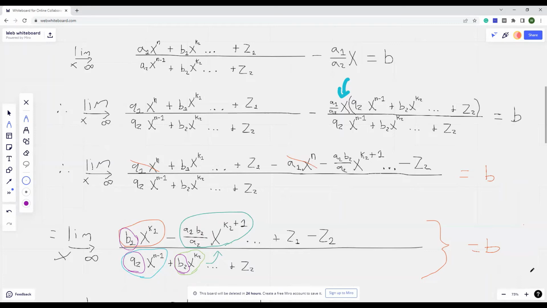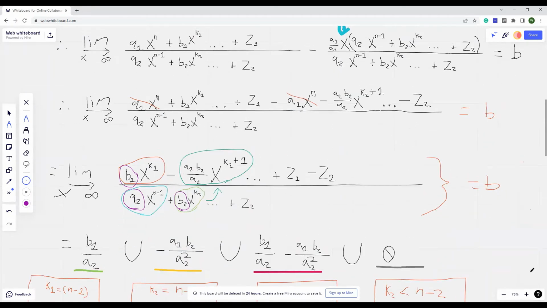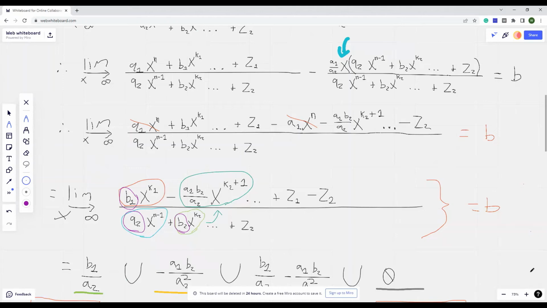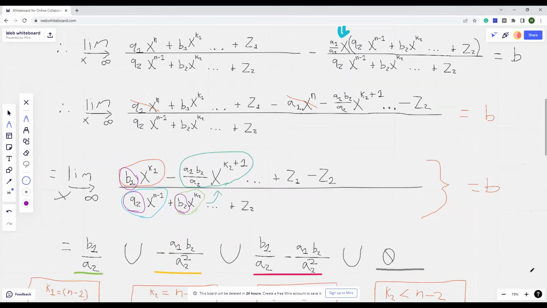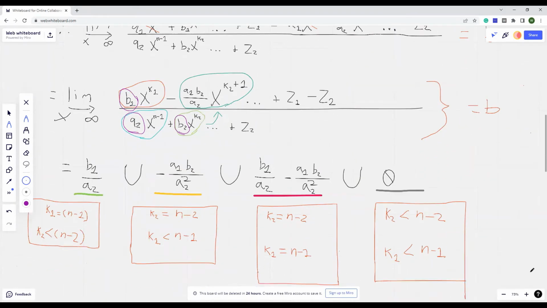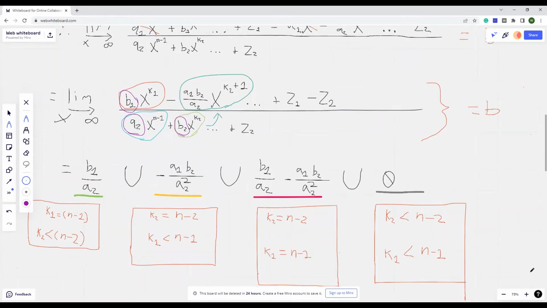Okay, so let's see what this means. What this means is you only have four options for what b can equal. What we're going to end up with in the end is b can only equal one of these four options.